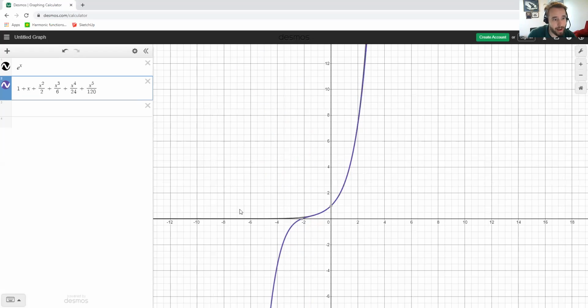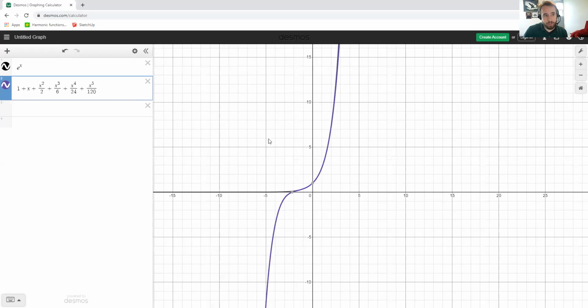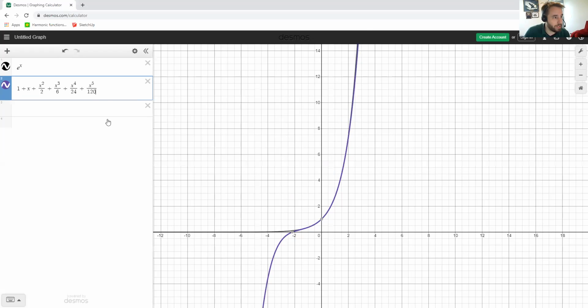And what we see is that our purple Taylor polynomial approximation is actually getting closer and closer and closer to our e to the x function. And what we can claim is, based on our work on the previous slide, this will continue, and I will get better and better approximations as I go further and further out in my Taylor polynomial approximation. And in the full Taylor series, this would converge exactly to the expression e to the x.